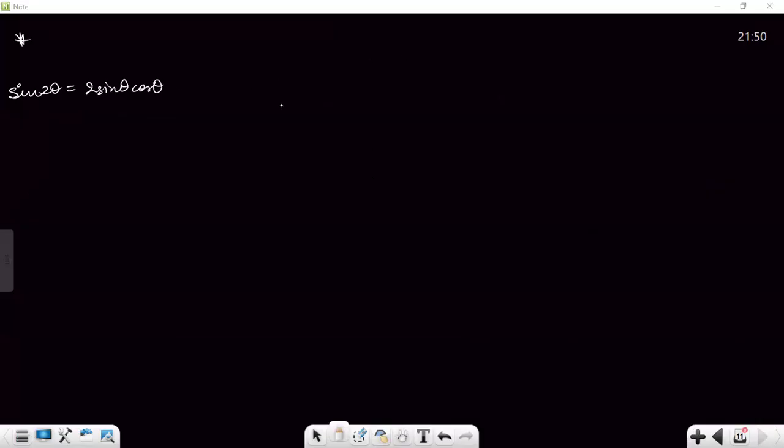Here, 2 sine inverse of x is written as sine inverse of 2x into square root of 1 minus x square. So you will be able to make out that instead of sine theta, we have written x, and instead of cos theta, we have written square root of 1 minus x square.